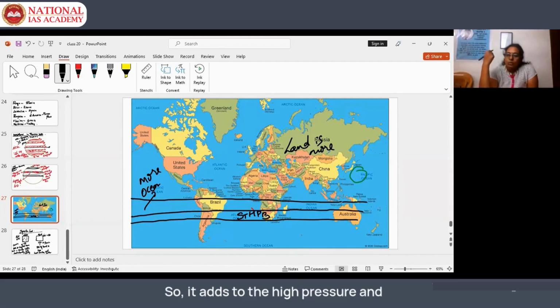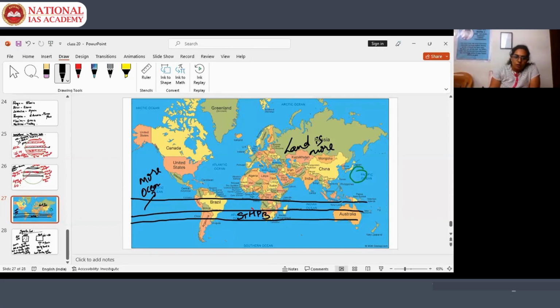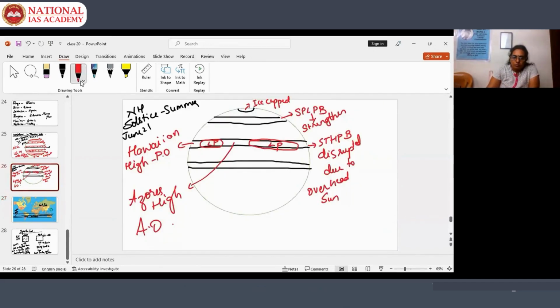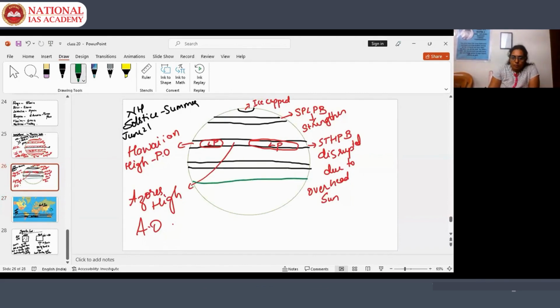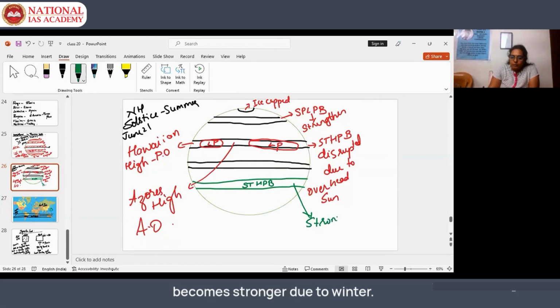So it adds to the high pressure and strengthens your high pressure. See, land is cold here and land is cold here. So you originally have high pressure, and under cold temperatures it now becomes stronger. The subtropical high pressure belt becomes stronger due to winter.